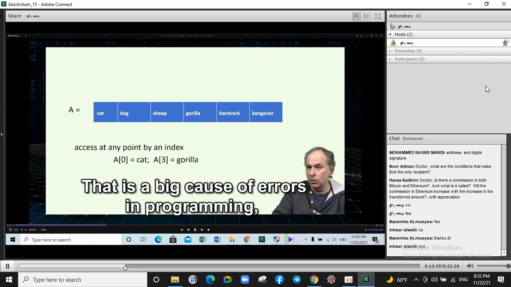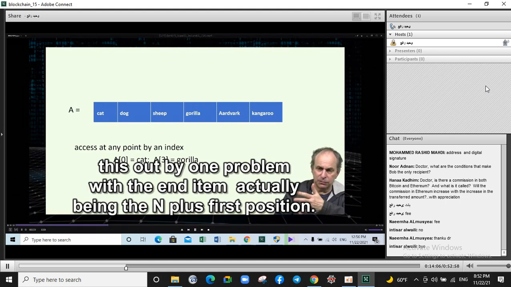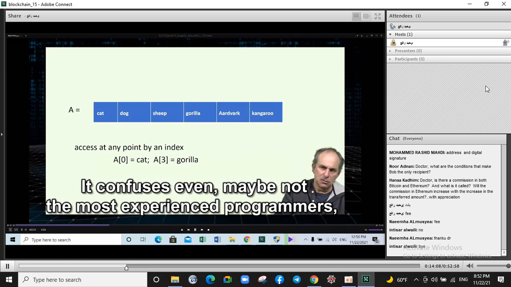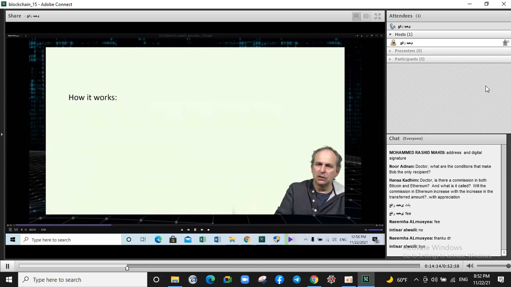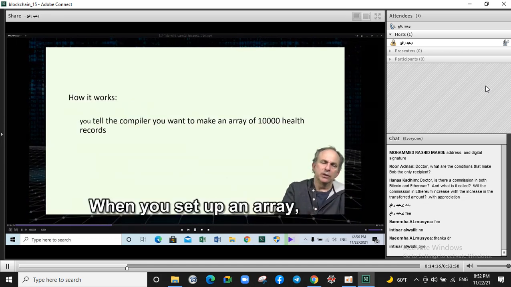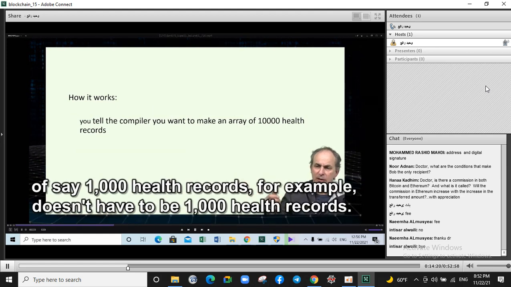That is a big cause of errors in programming, this off-by-one problem with the nth item actually being in the n plus first position. It confuses, well, maybe not the most experienced programmers, but it confuses people who've programmed before. So how does this work? When you set up an array, you tell the compiler you want to make an array of, say, 1,000 health records. Doesn't have to be 1,000 health records.